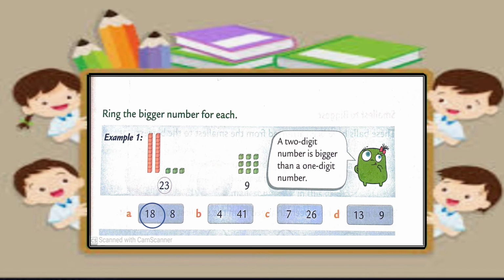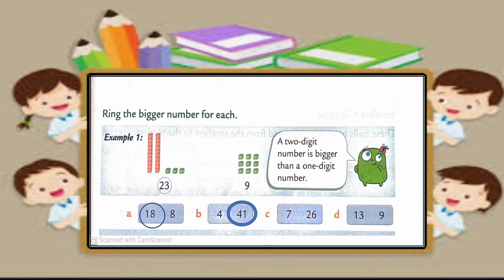Then we have 4 and 41. Observe it and tell me which is the bigger number. So it is number 41. Make a circle around it. Number C, 7 and 26.